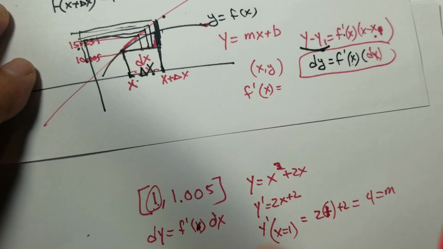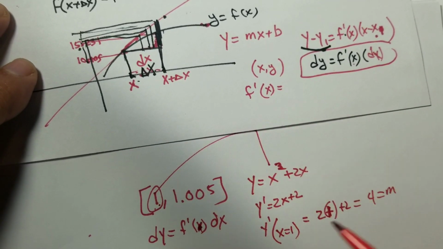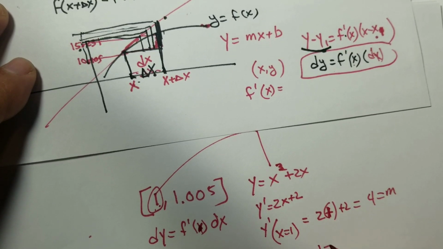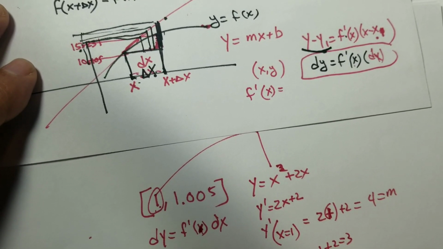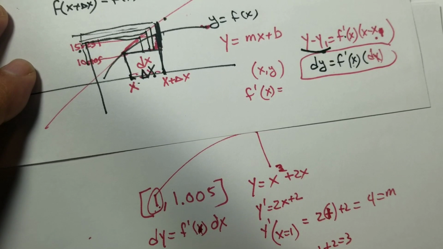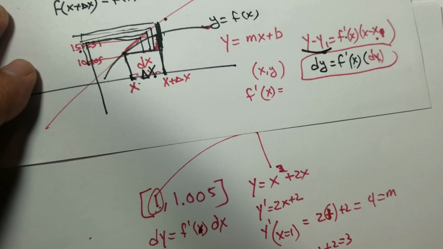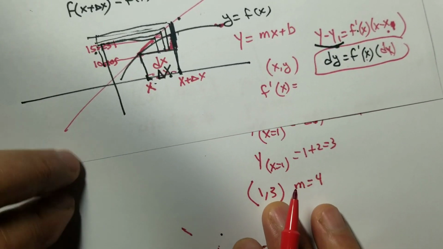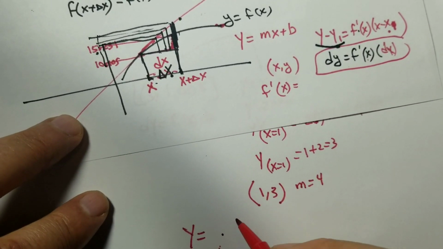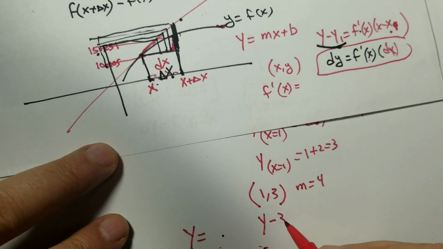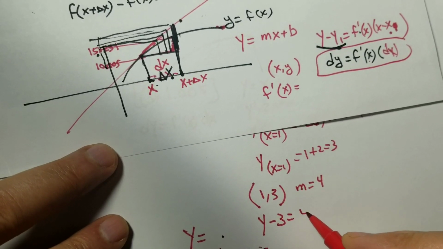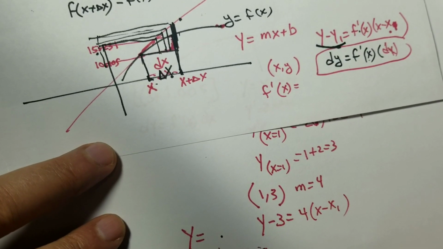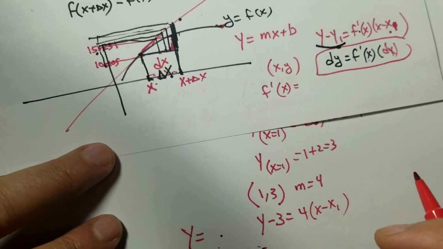But plugging 1 in here is not hard. Plug 1 here and find the y value at x equal to 1, which is 1 plus 2 is 3. Right now you have a point and you have a slope. You write the equation of the line. y minus y1 equals m times x minus x1.